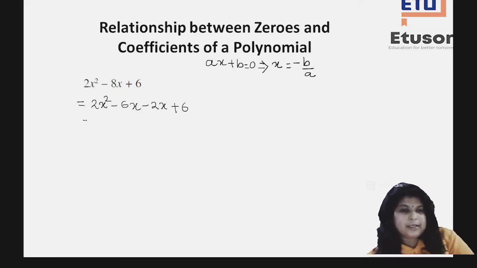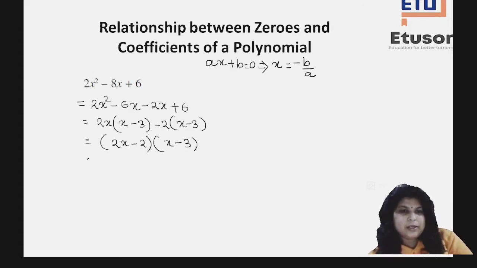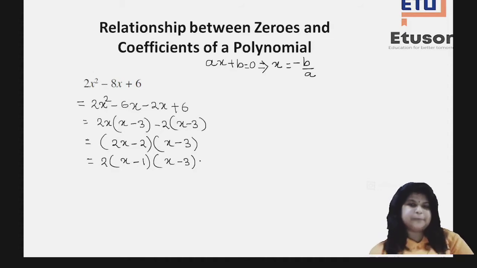So what I can write is 2x into x minus 3 minus 2 into x minus 3. Correct or not? Then I can write 2x minus 2 into x minus 3. Here I can take 2 common and I will be left with x minus 1 into x minus 3.